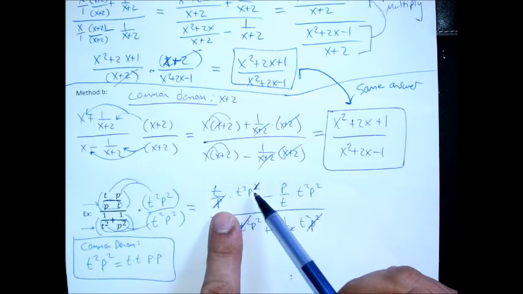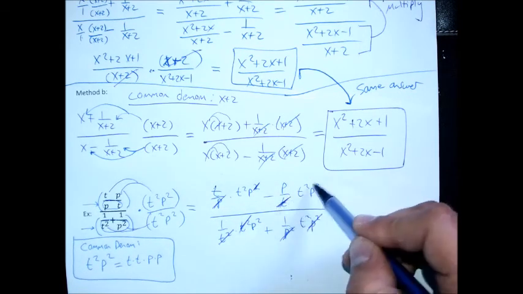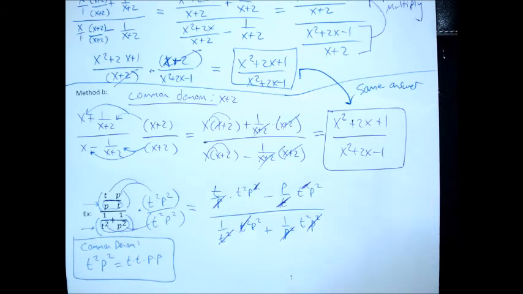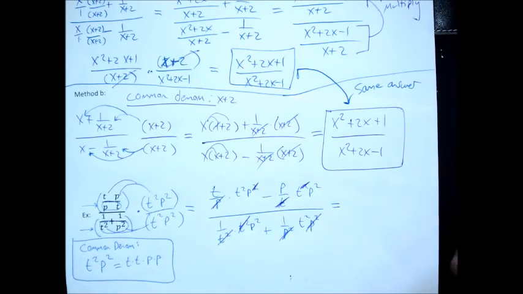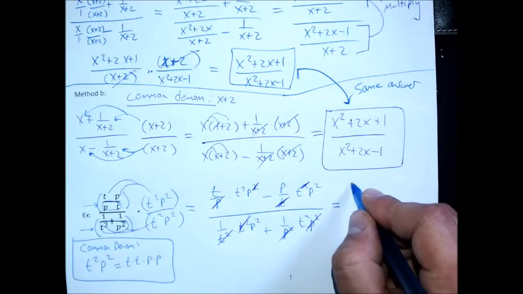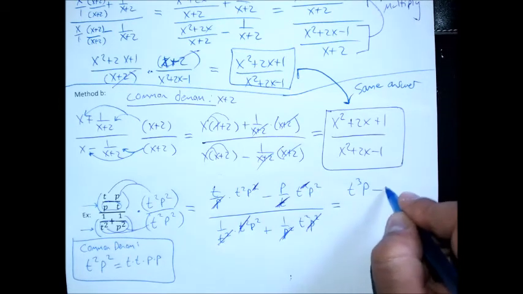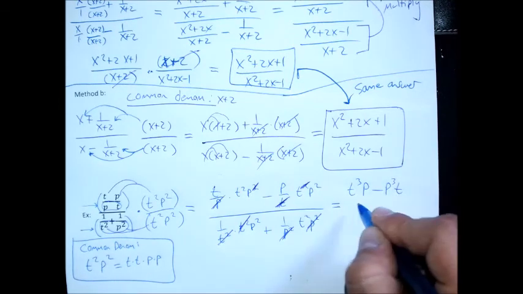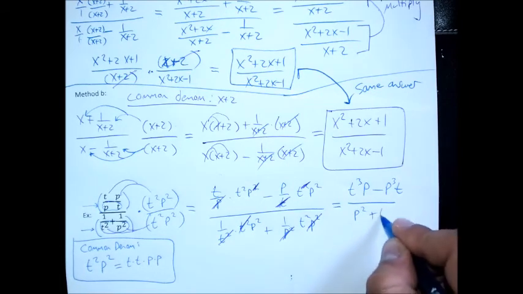We'll have a t squared p. And then similarly the t cancels with one of those t's. And so our final answer is going to be t cubed p minus p cubed t. And in the bottom we'll have p squared plus t squared left over.